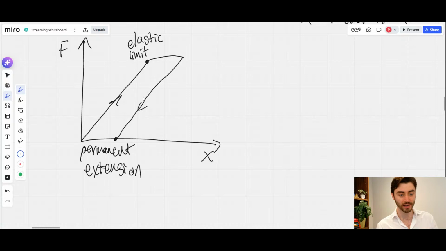So you get a permanent extension when you unload it. That is the case of an overloaded spring, for instance. We've already spoken about the rubber band, which was above. And polythene does some more nonsense. So this is a metal wire or a spring.